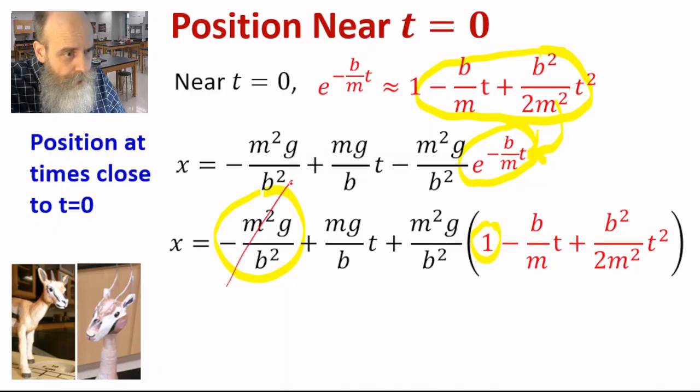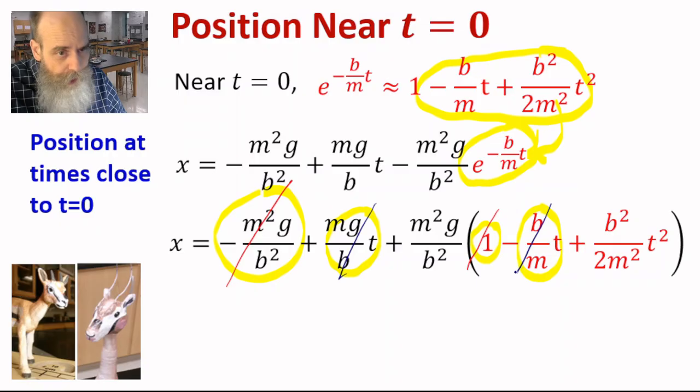So that cancels out. Also, this term, mg over b times t, is going to cancel out with this term, b over m, because m squared g over b squared times b over m is mg over b. So this and this cancel out.